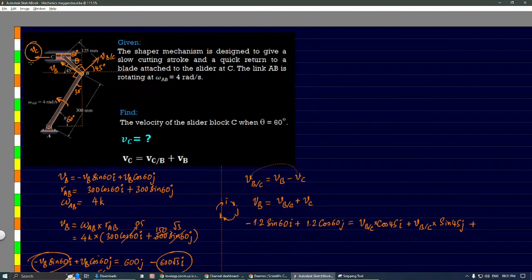VC, we know it is in the horizontal direction and it will be backwards, so we have to take it as minus VC I, because it is in the X direction.